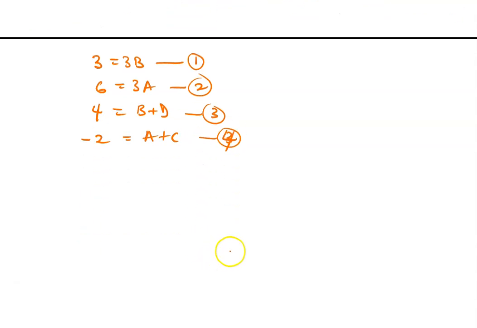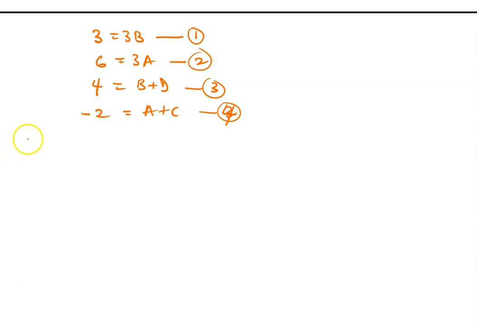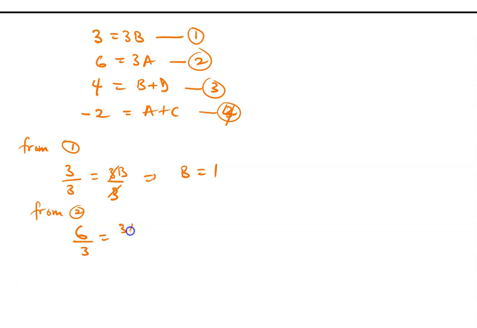So from 1, let's solve them. From 1, you can get 3 divided by 3 is equal to what? 3b divided by 3. So at this point, I can say that b is equal to what? 1. So what about 2? From 2, I'll say 6 divided by 3 is equal to what? 3a divided by 3, right?